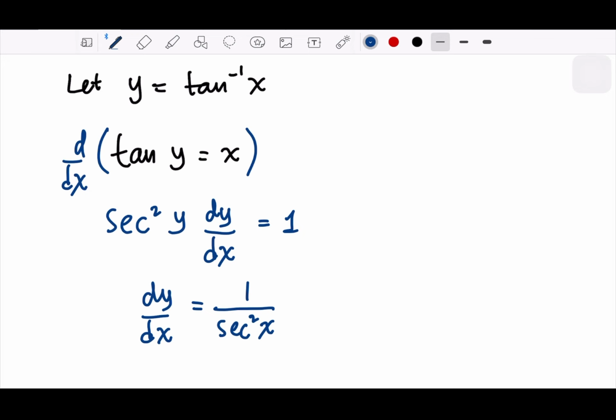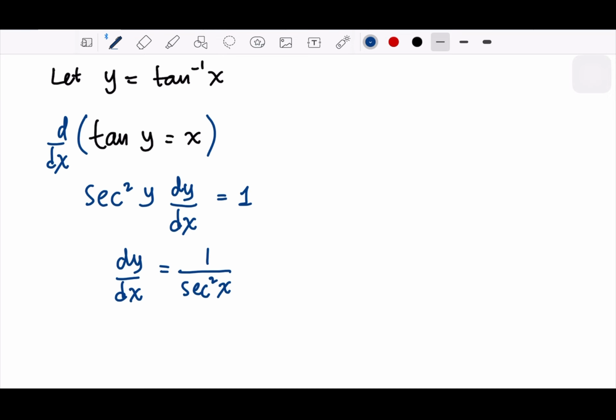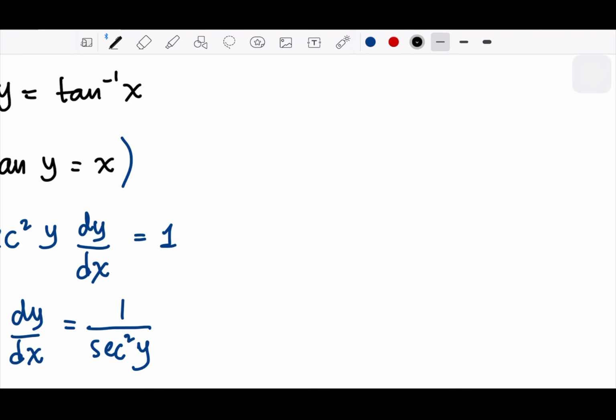Now there are several ways we are looking at over here. We can set up this in terms of, it's not x, sorry, it's y. We can use sine squared x plus cosine squared x is equal to 1, right?